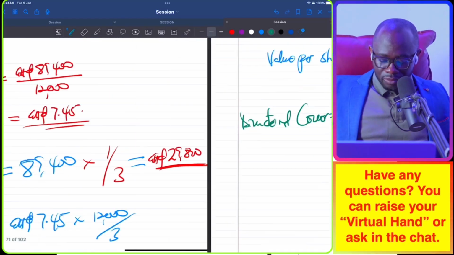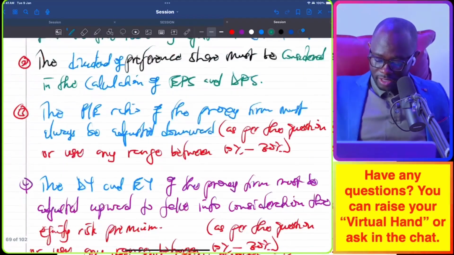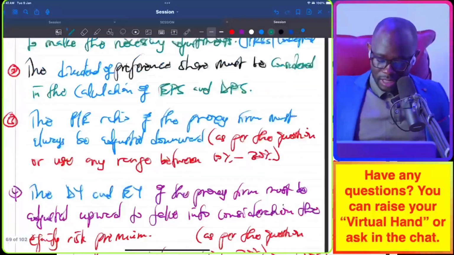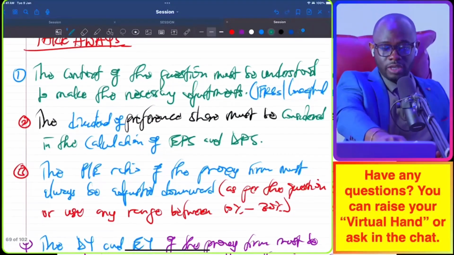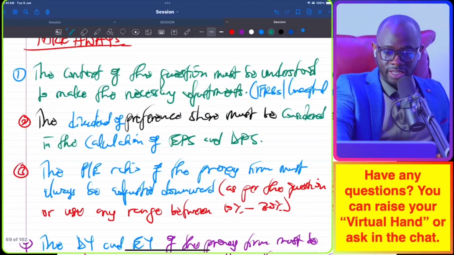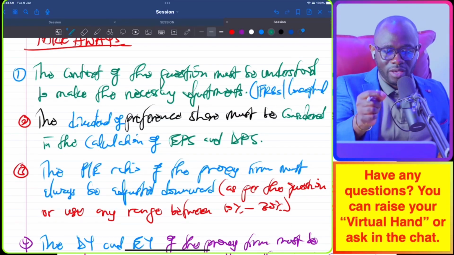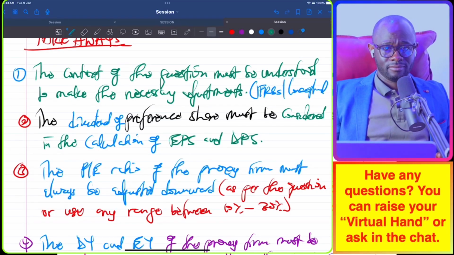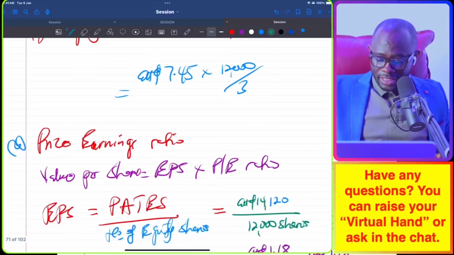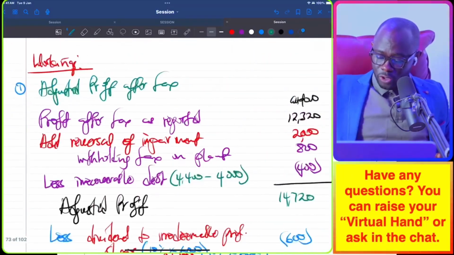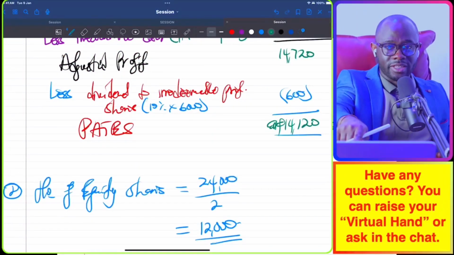This is the principle in the takeaway that we spoke about. Number 2, that dividend of preference shares must be considered in the calculation of earnings per share and dividend per share. So you saw that in the earnings per share workflow, we subtracted the preference shares dividend.